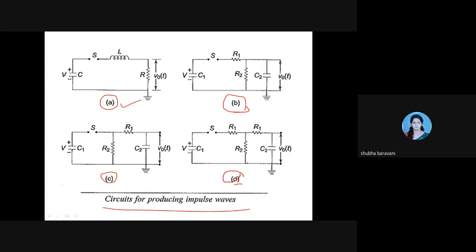Is that understood? That would be working as your assignment. So we'll go ahead with the analysis of circuit A.